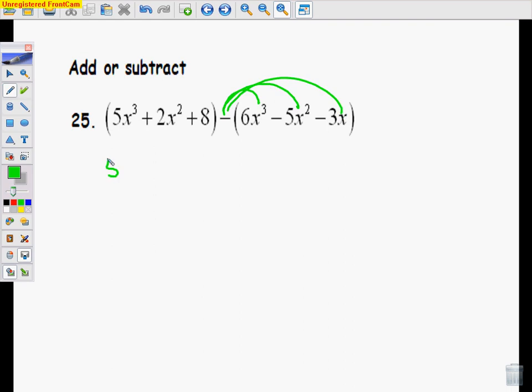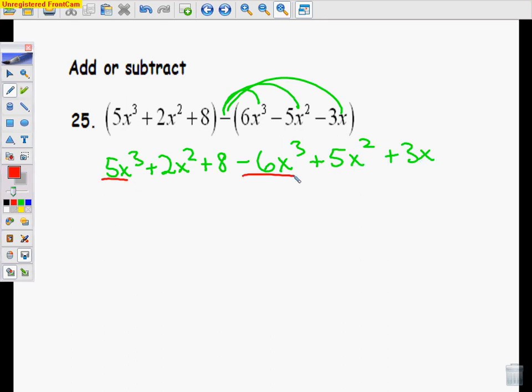So this 5x cubed, we're just going to bring it down. That minus sign now is going to distribute, making that a minus 6x cubed, a positive 5x squared, and a positive 3x. Now once again, we're just going to add like terms. 5x cubed minus 6x cubed, that's negative 1x cubed. So those are gone.